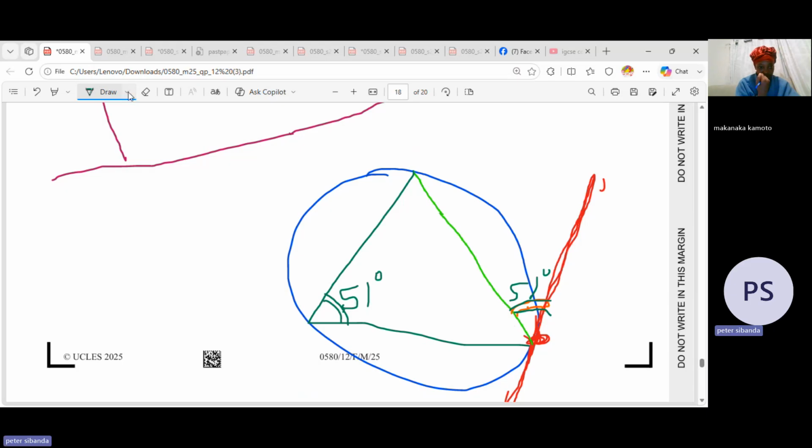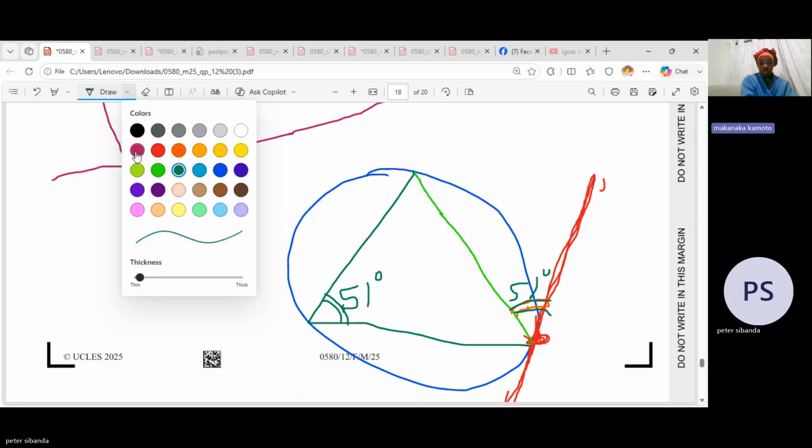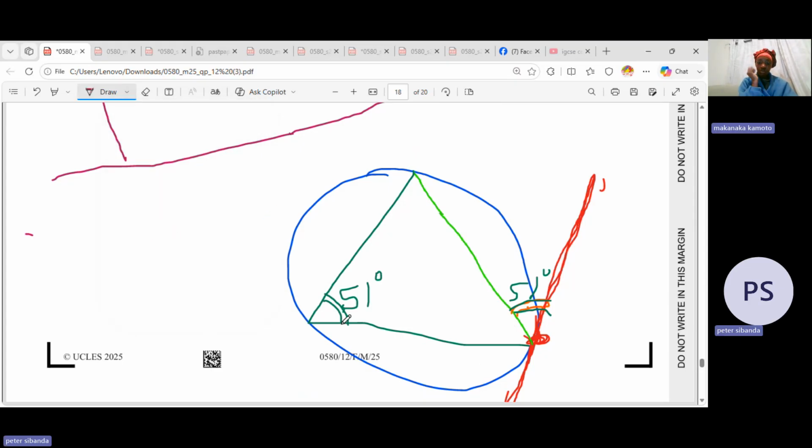So if we follow that well, we can see that even this one is a chord. It's also forming an angle with the tangent on this side. True? Yes. The theorem still works and says this chord that participated in making an angle with a tangent, this angle will be equal to the angle this chord is going to subtend.